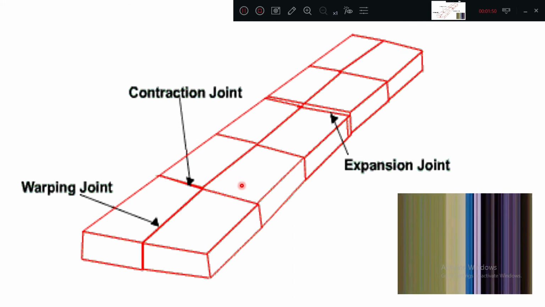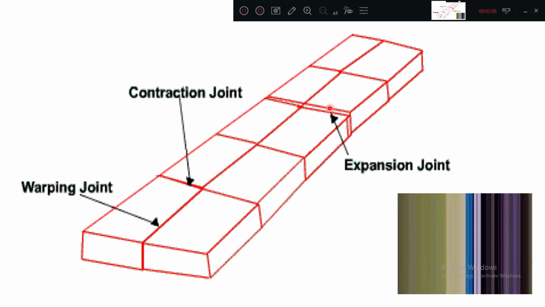But between this and this is called the contraction joint spacing, LC. This vertical H is called the slab thickness.